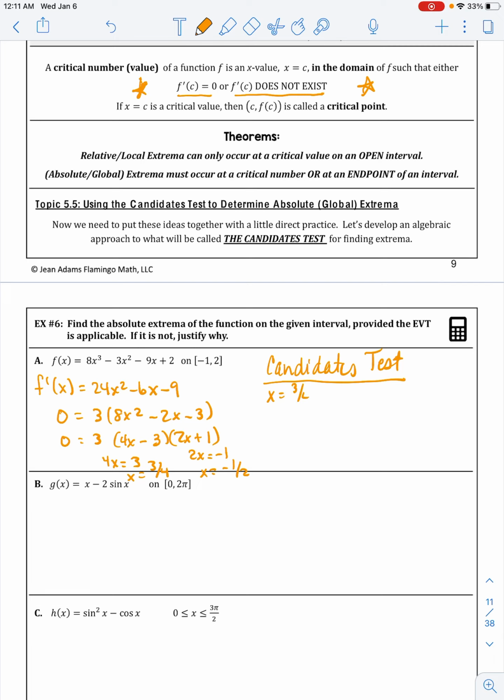So x equals 3/4, x equals negative 1/2. We also need to check our endpoints. Okay, so these are our candidates. We were looking for where our derivative was 0 or undefined, and we're looking at our endpoints.